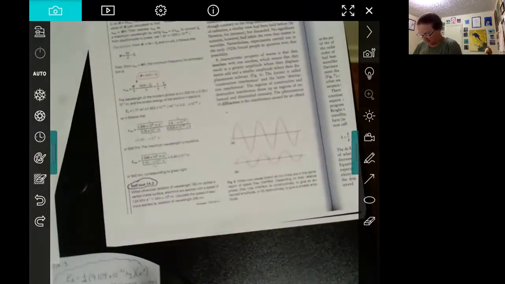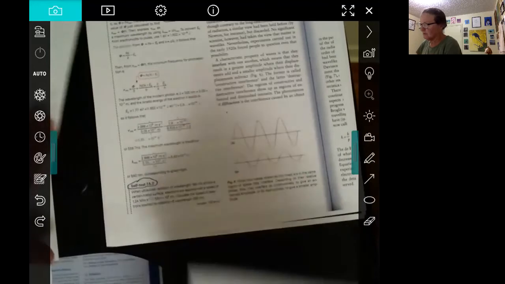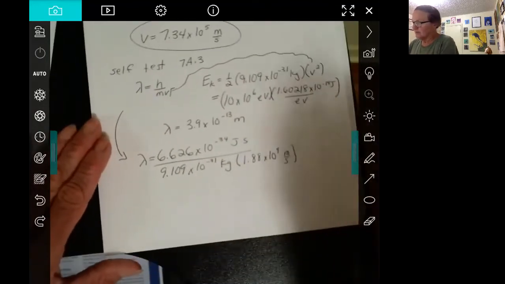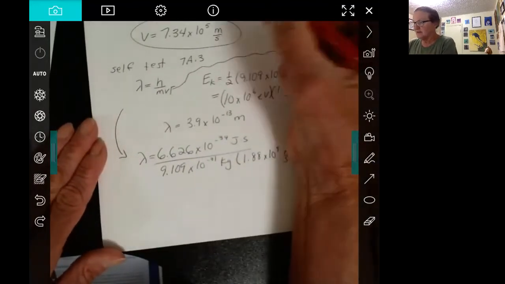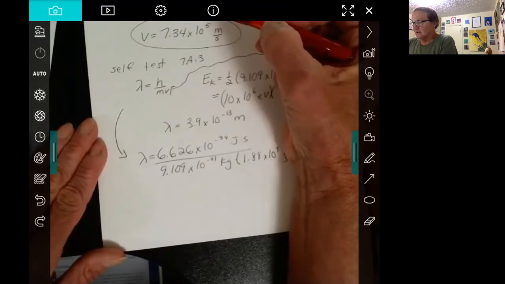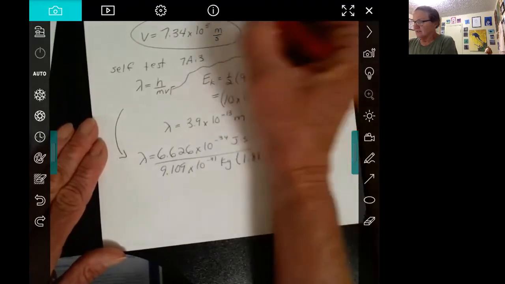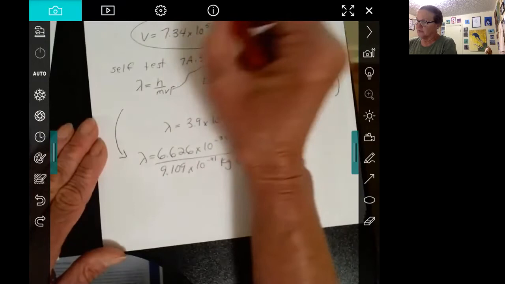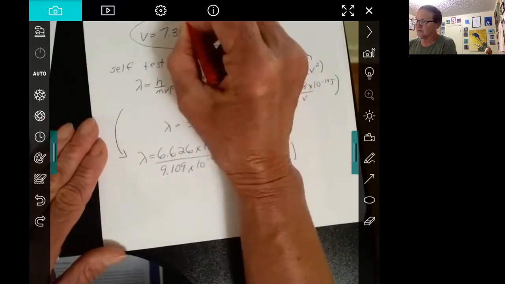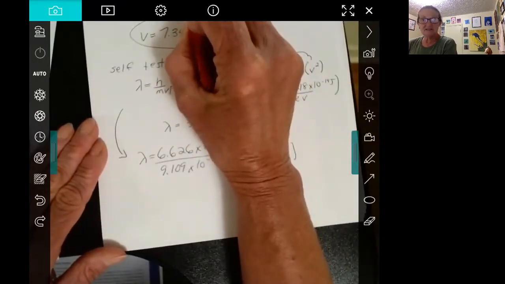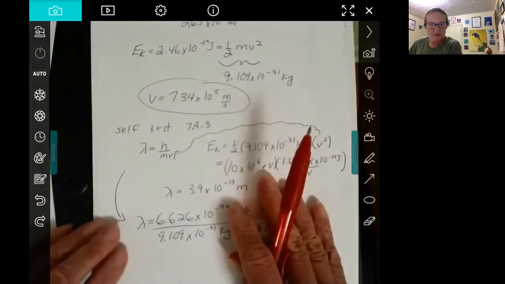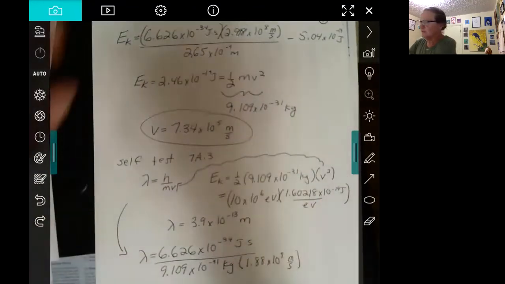And then I can come back and say, what's the velocity of the particle if we change the wavelength? The wavelength now is 265 nanometers.